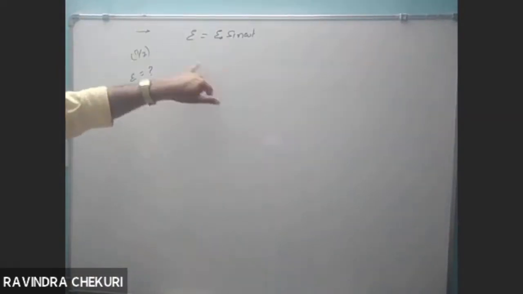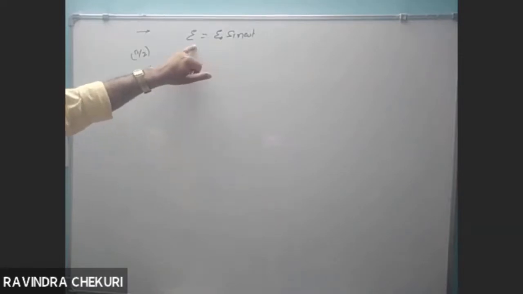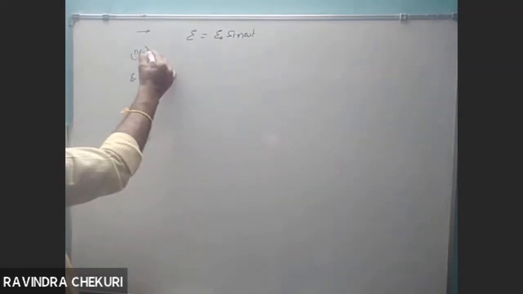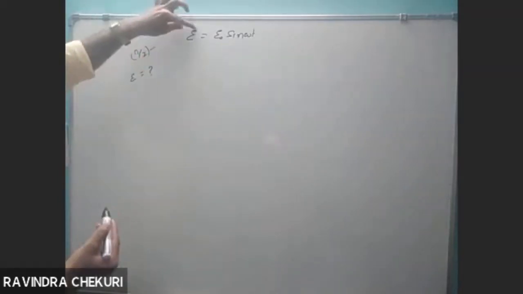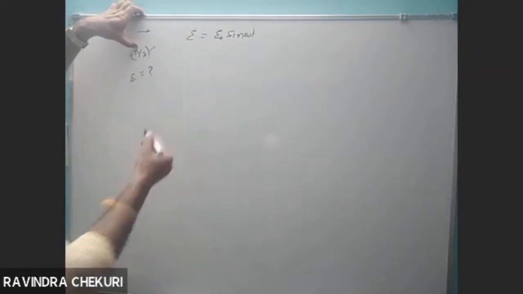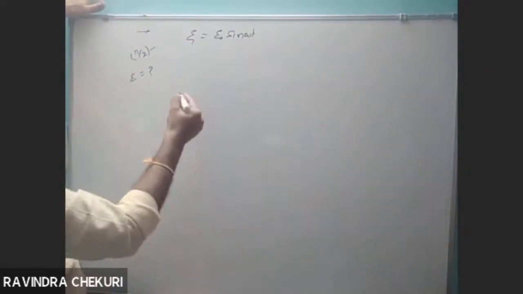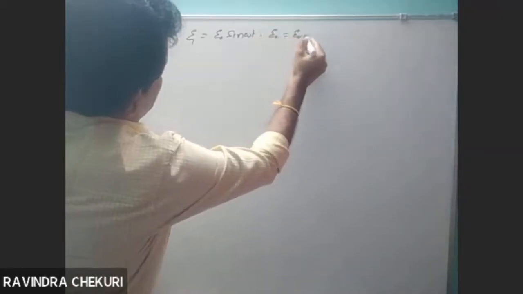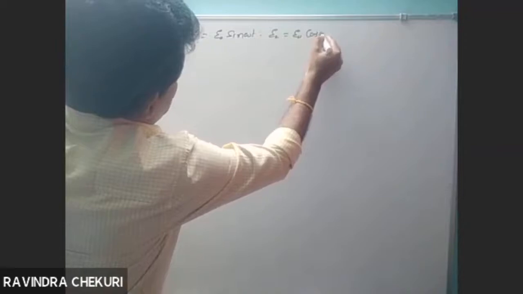So two AC generators produce E is equal to E naught into sin omega t, and another wave whose phase difference from the first is pi by 2. For example, E1 is equal to E naught into sin omega t, and E2 is equal to E naught into cos omega t.